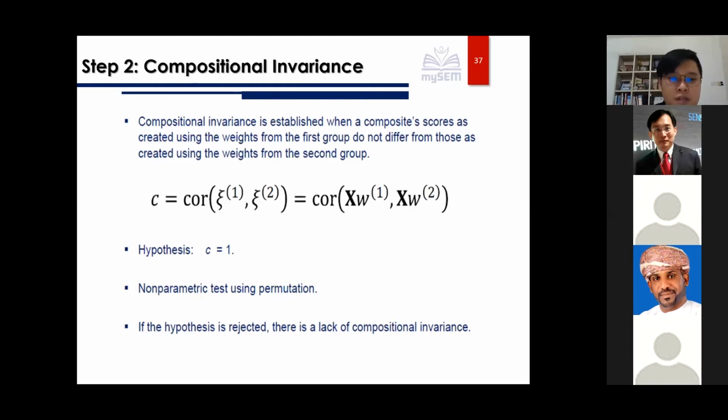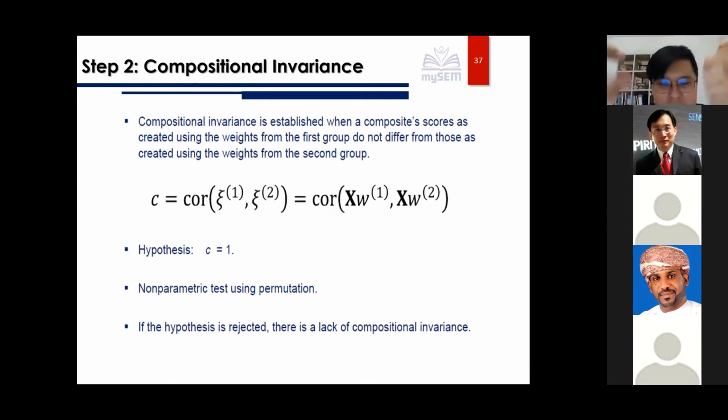For example, you have a satisfaction construct for group 1 and a satisfaction construct for group 2. These two themselves have a score. When you run a correlation of this score, called the composite score, of these two groups, satisfaction 1, satisfaction 2, group 1, group 2, they must be equivalent. If they are not equal, they cannot be compared.